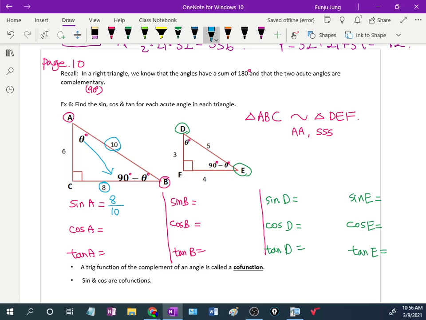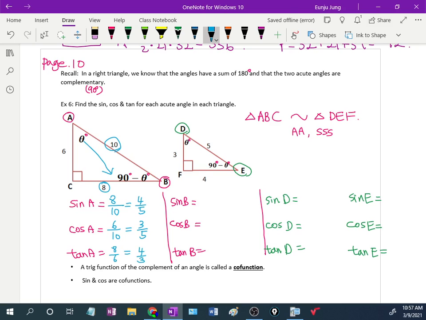Can you reduce? 4/5, right? Okay. Cosine A, don't use 8 or 10. Start with the 6, same hypotenuse. Can you reduce? Yes, 3/5. Tangent, start with the first number, 8 over 6. So this will be 4/3.